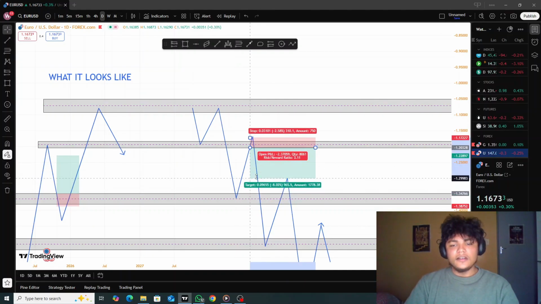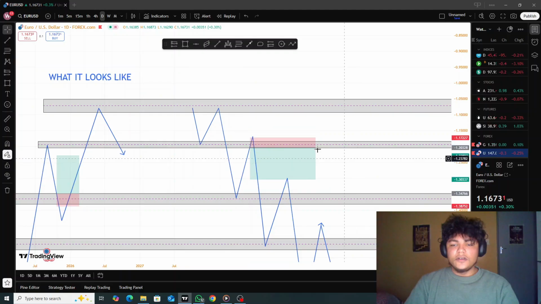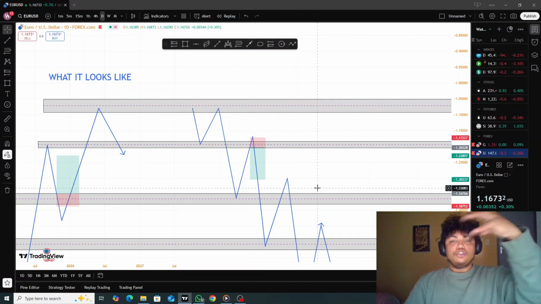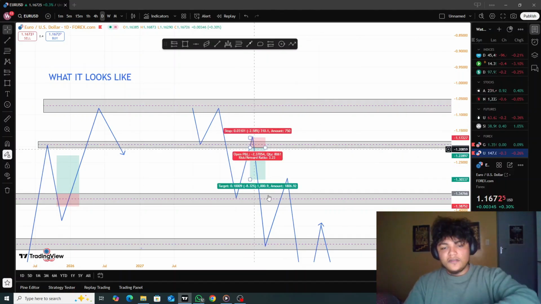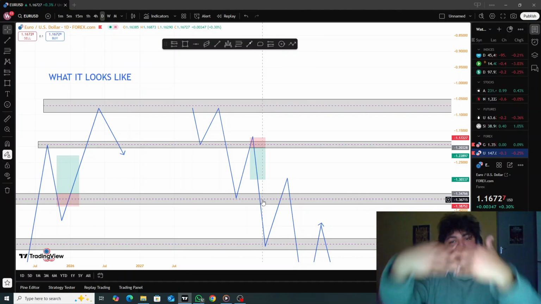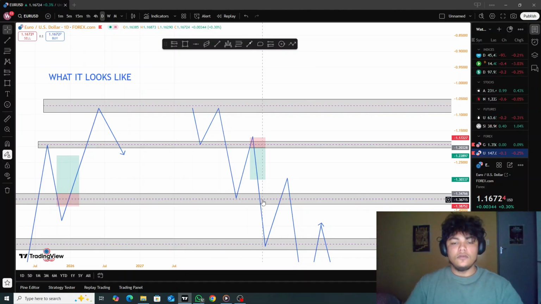I'm going to target a 1 to 3 risk to reward ratio. And what happened? The market came up, it took my money, and then it proceeds down again. And that is basically a liquidity grab. The market just came up to get more money in order for it to go further down.